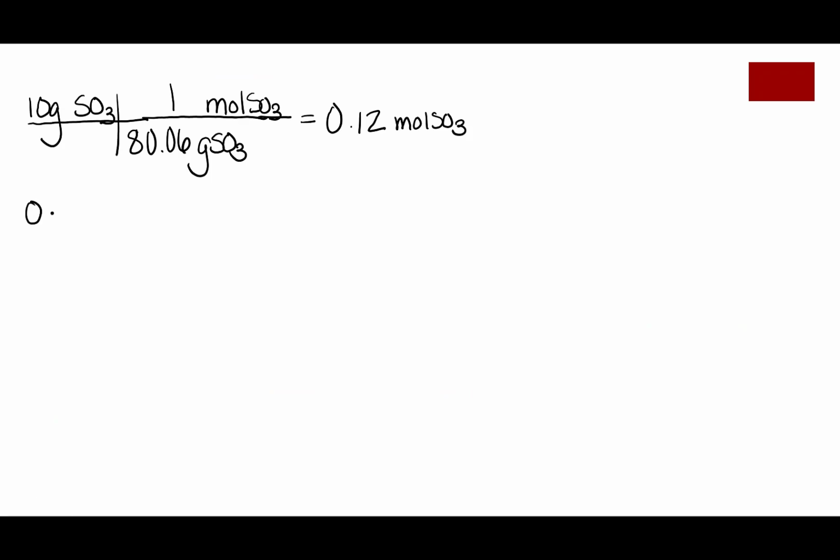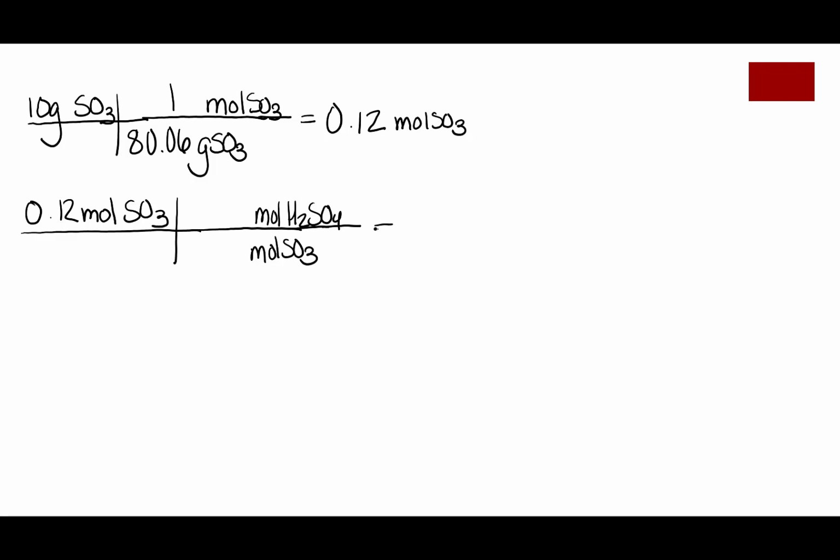So I'm going to bring this down, 0.12 moles sulfur trioxide. Moles of sulfur trioxide on the bottom. That's what we're getting rid of. Moles of sulfuric acid on the top. That's our destination.